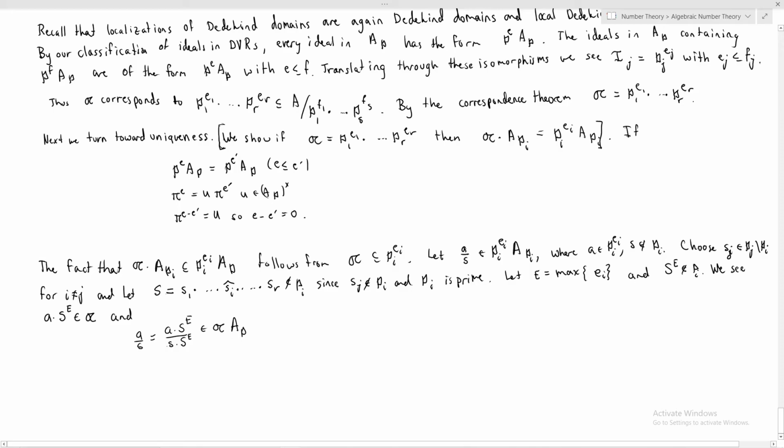Okay, so we took an arbitrary element of P_i to the e_i times A_P.